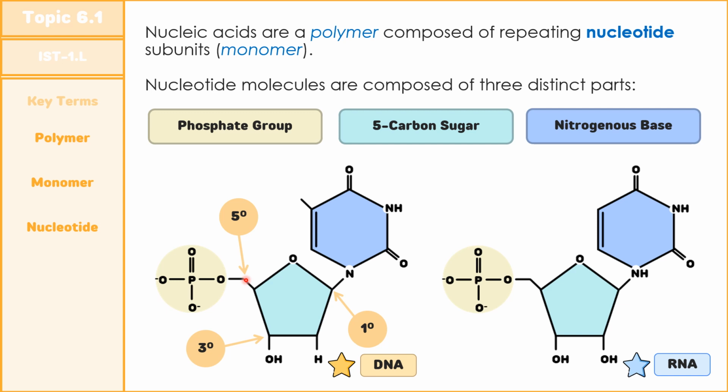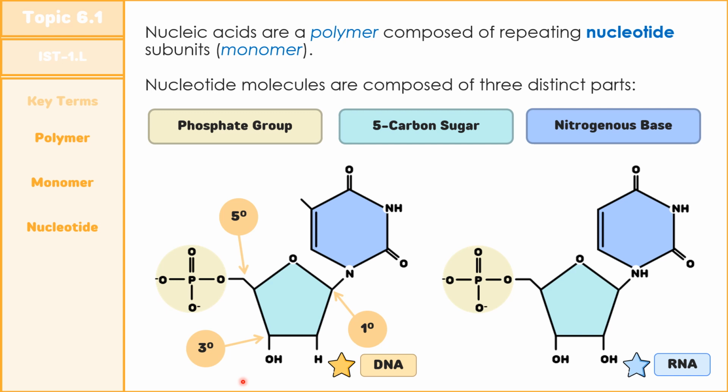Now, what's important to identify here is the attachment points that we have. So you can see that our phosphate group is attached to our 5' sugar. And I've highlighted our 3' sugar as well. So this is where we will attach a phosphate group to another nucleotide, so we can create a phosphodiester bond and create a nucleic acid sequence of nucleotides.